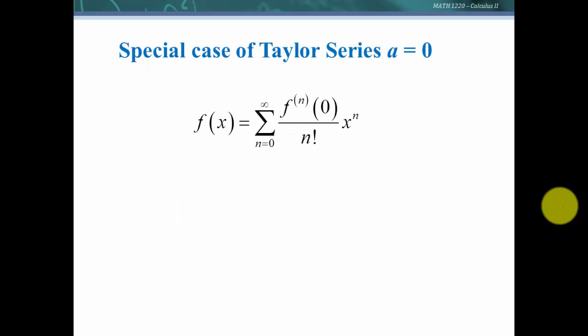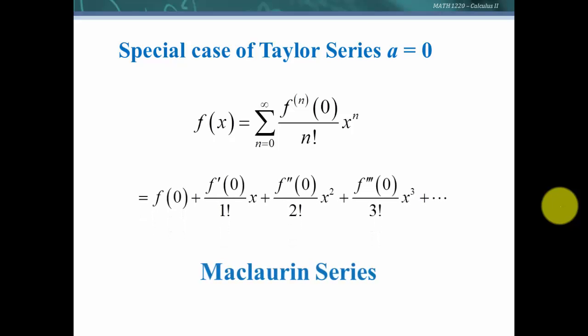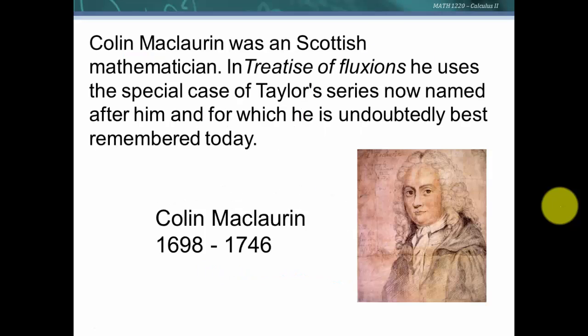Now a special case of the Taylor series is when it's centered at 0. And if it's centered at 0, then this is simply called the Maclaurin series. And we did mention that when we talked about Taylor polynomials. Taylor polynomials with a equaling 0 are Maclaurin polynomials, and these are named after Colin Maclaurin, who is a Scottish mathematician, and he used the special case of the Taylor series centered at 0 in his treatise.